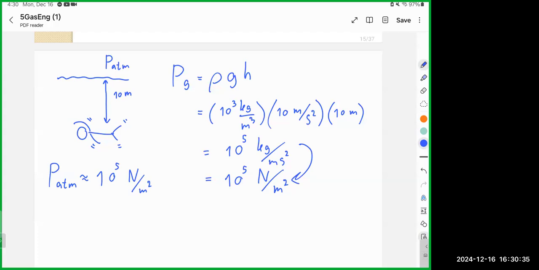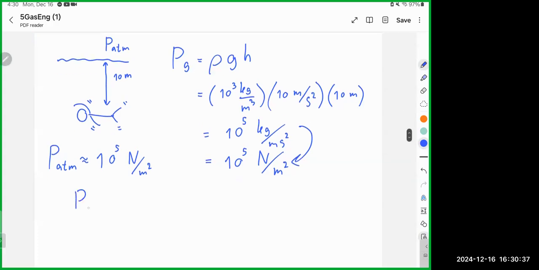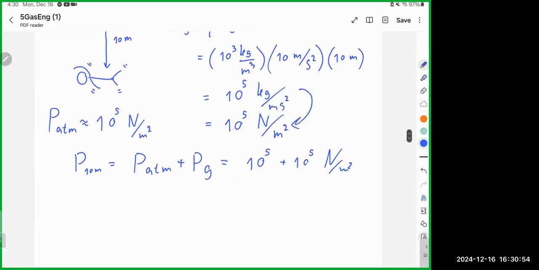But you have to add. The total pressure at 10 meters equals the pressure of the ATM plus P gauge. So it would be 10^5 plus 10^5 Newton per square meter. It's 10 meters.